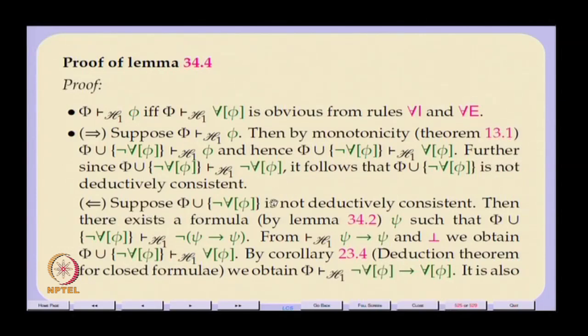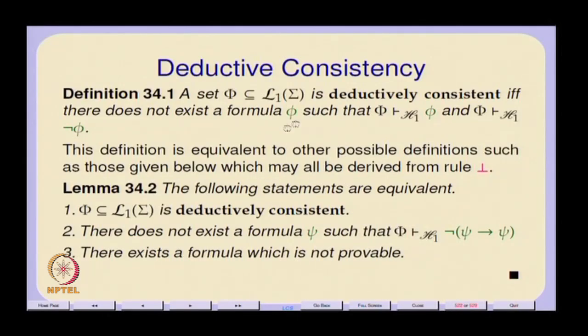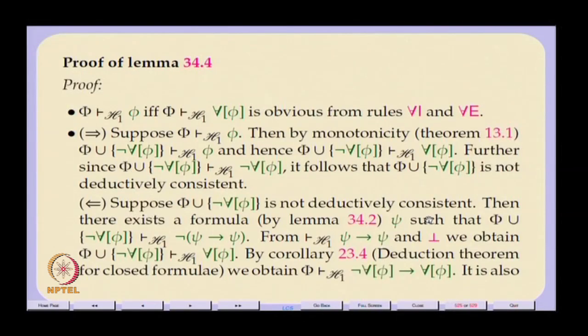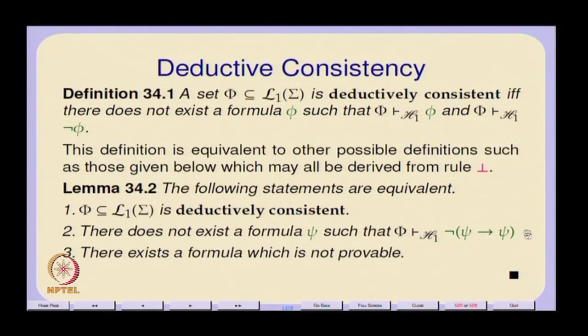The other way, suppose Phi union not of the universal closure is not deductively consistent. If it is not deductively consistent, then there exists some formula psi such that Phi union this proves not of psi arrow psi. I am essentially using this characterization.